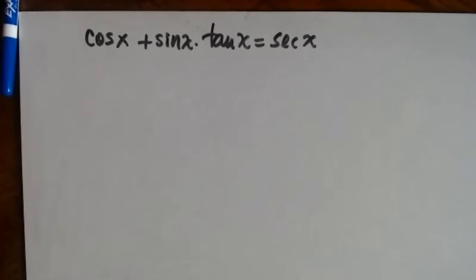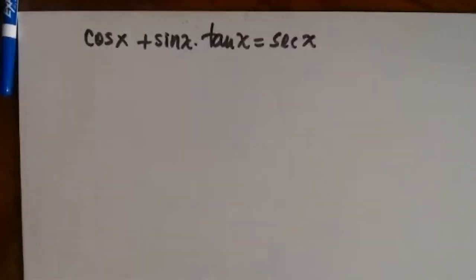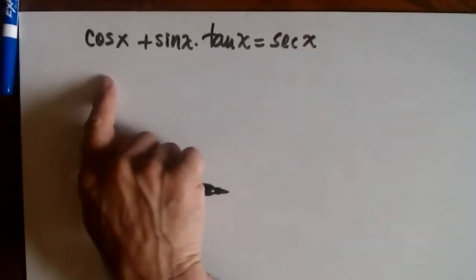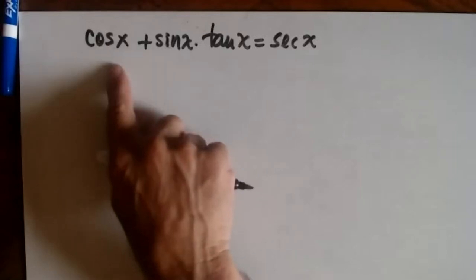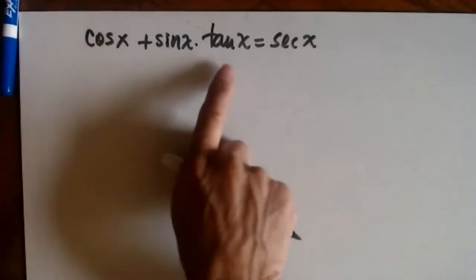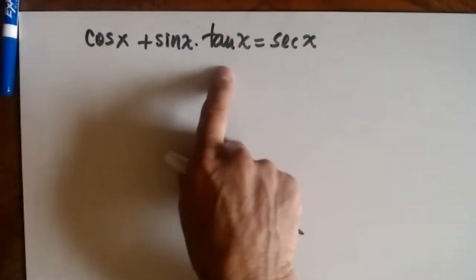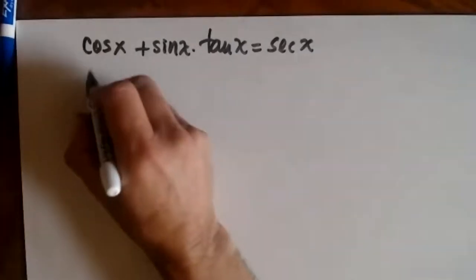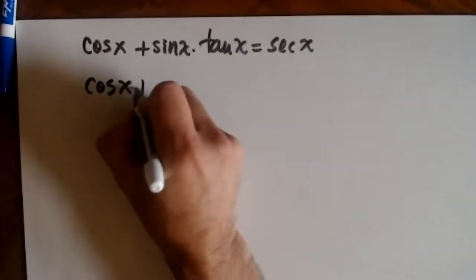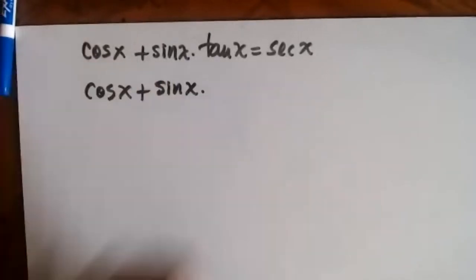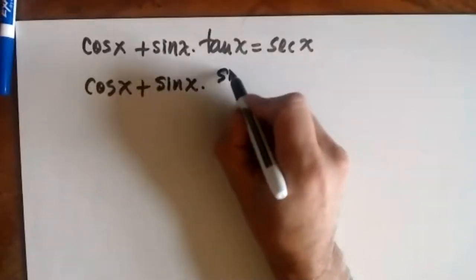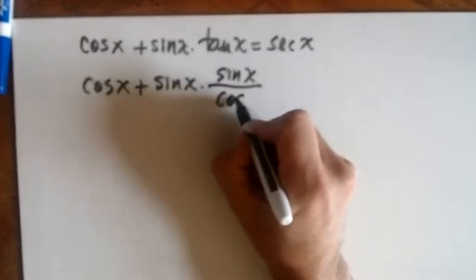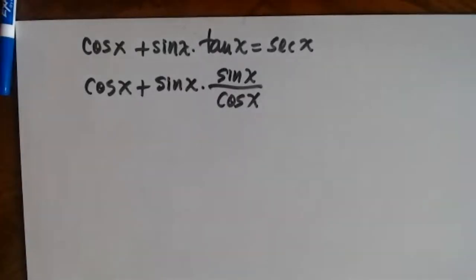So what do you have to use? The identities you know, correct? Cosine cannot be broken, sine cannot be broken, so these are your primary blocks. But tangent can. So let's see. Suppose you have cosine of x plus sine x times tangent, and tangent is sine over cosine, correct? So you change the tangent to sine over cosine.